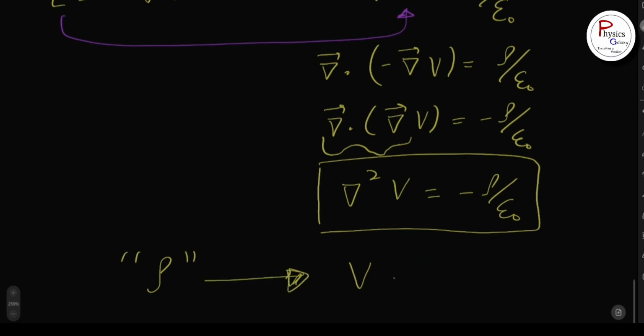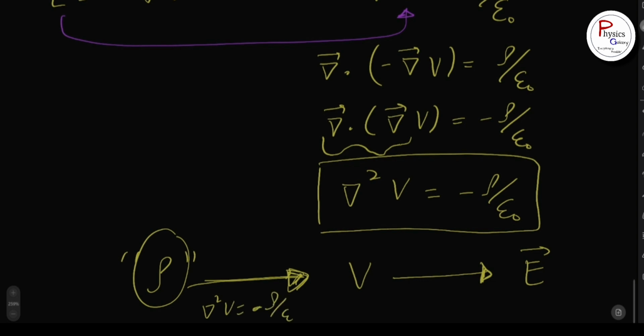And from the electric potential we can take the gradient of V and get the electric field. So this is the algorithm basically. If you know rho, you can find V by using Poisson's equation, and if you know V, you can take the gradient of V and find the electric field. So this is one way to find the electric field.